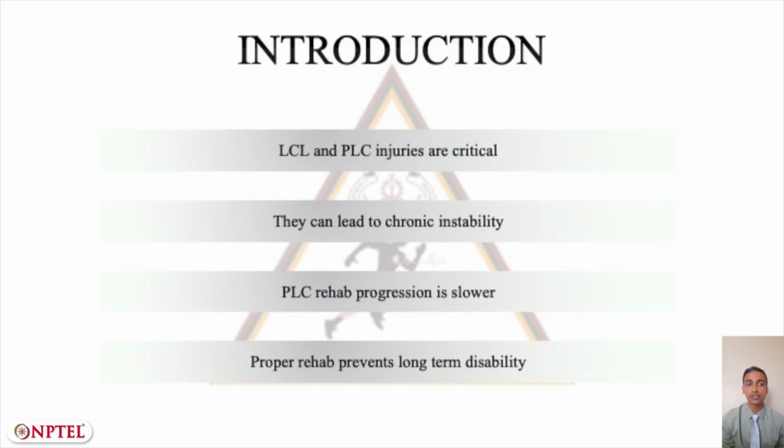The rehabilitation in such injury is slower, and hence patient counseling is important to maintain patient compliance throughout the rehabilitation process, because a poor rehab will prevent long-term disability in patients.